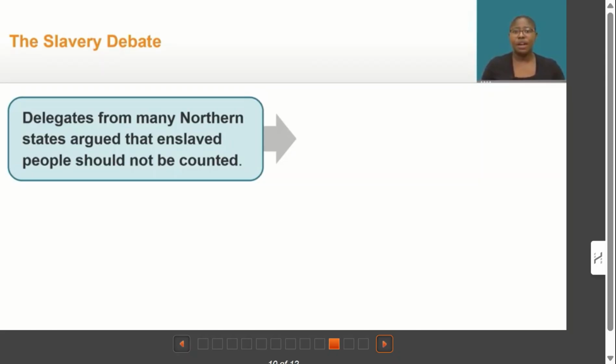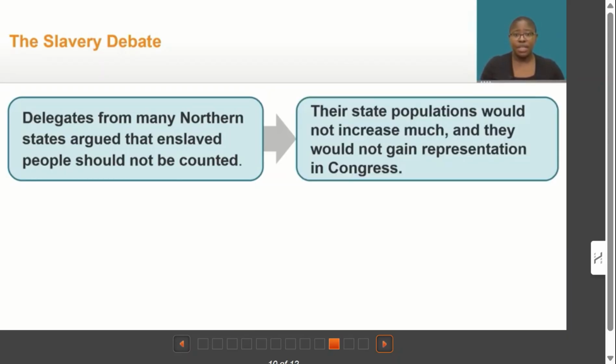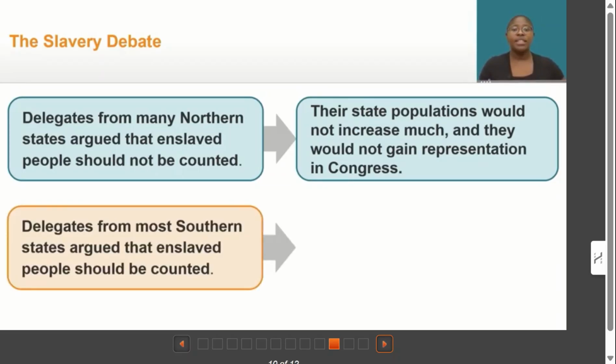The northern states argued that enslaved people should not be counted when figuring proportional representation. Why? Their state populations would not increase much, and they would not gain representation in Congress. The southern states, of course, wanted all enslaved people counted as part of the total population, because this would increase the state's representation and power in the House.